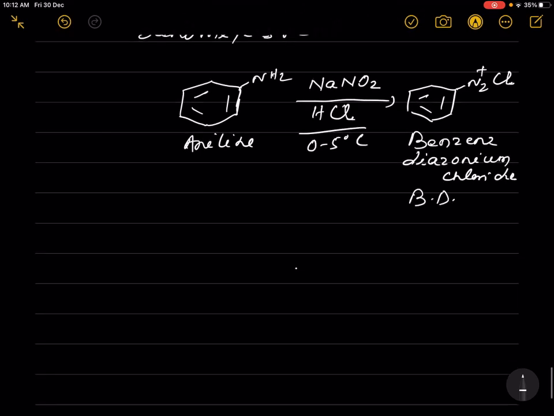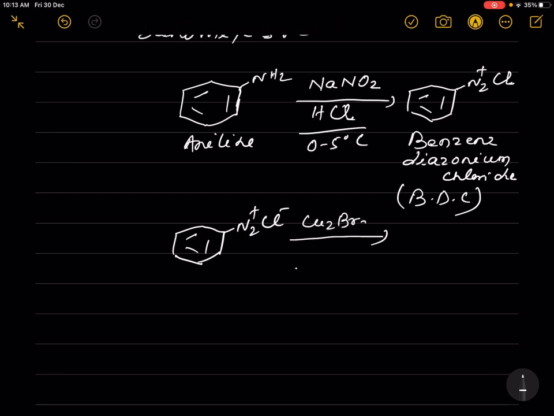This benzene diazonium chloride, on treatment with Br2 or Cu2Cl2, gives bromo or chlorobenzene along with nitrogen.